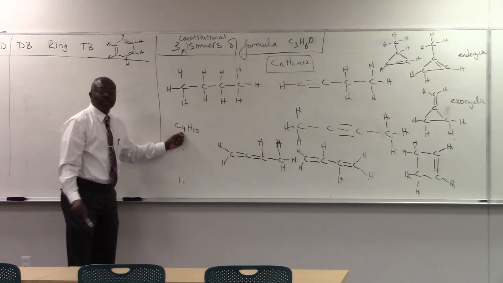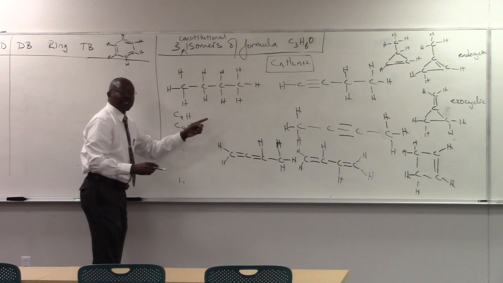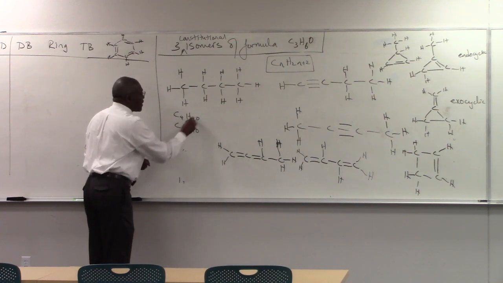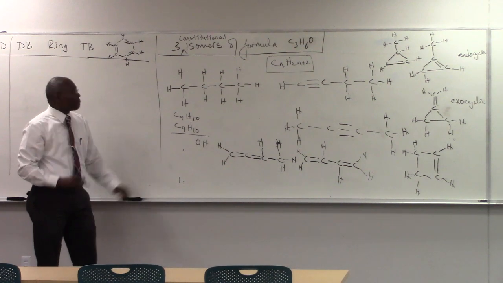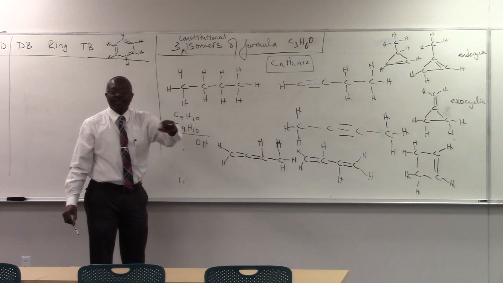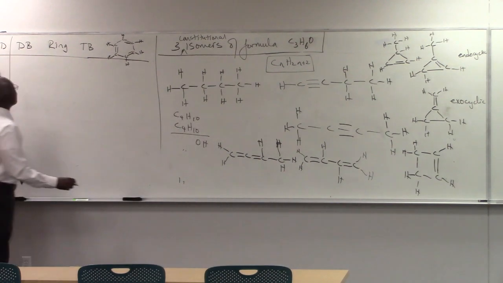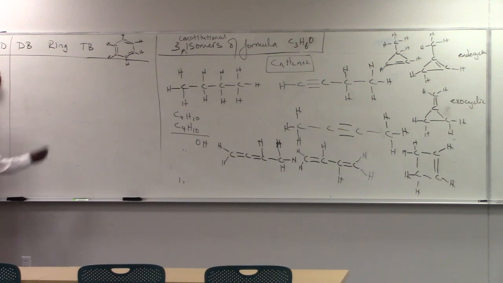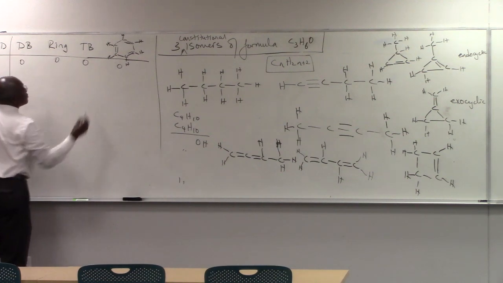So for 4 carbons, this will be C4H, 4 times 2 is 8 plus 2 is 10, which means I have no missing H's. I have, in a system like this, no rings, no double bonds, no triple bonds. So if I have 0 HDIs, I have no double bonds, no rings, no triple bonds, no benzene.